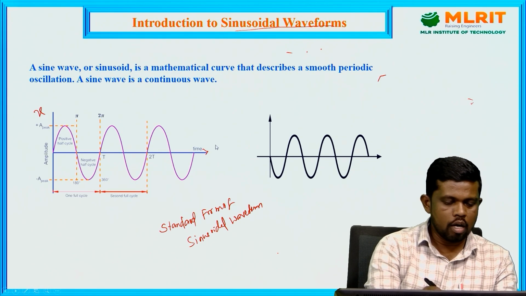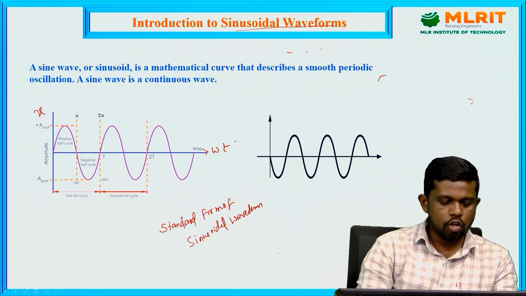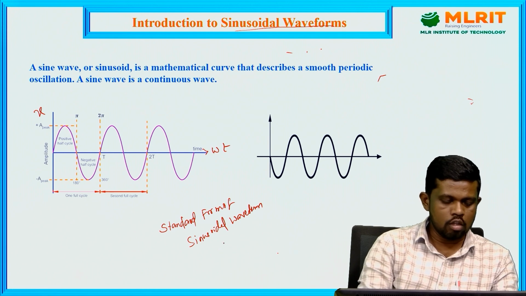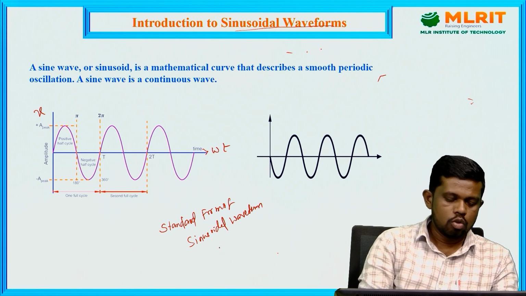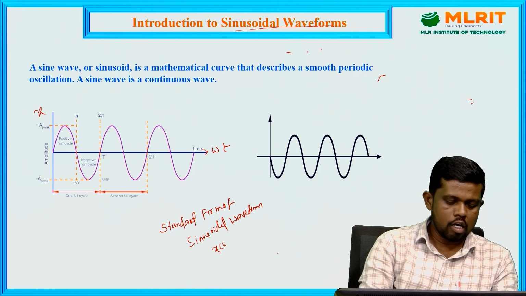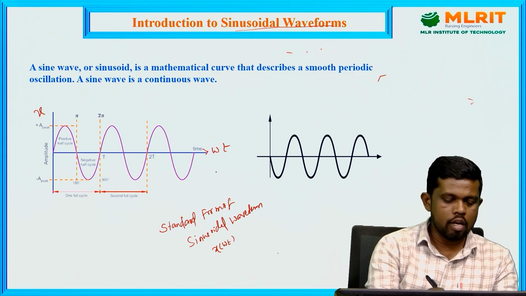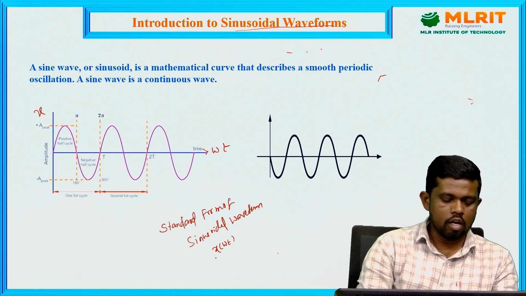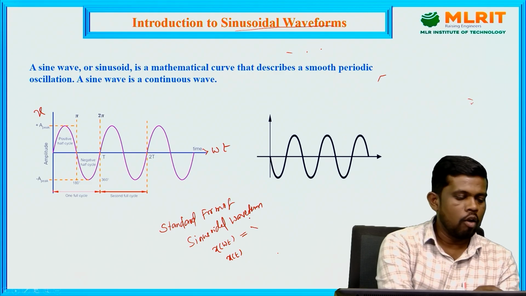We need to represent the sinusoidal signal in mathematical notation, that is x of omega t. If it is considered as t, then we can take it as x of t.